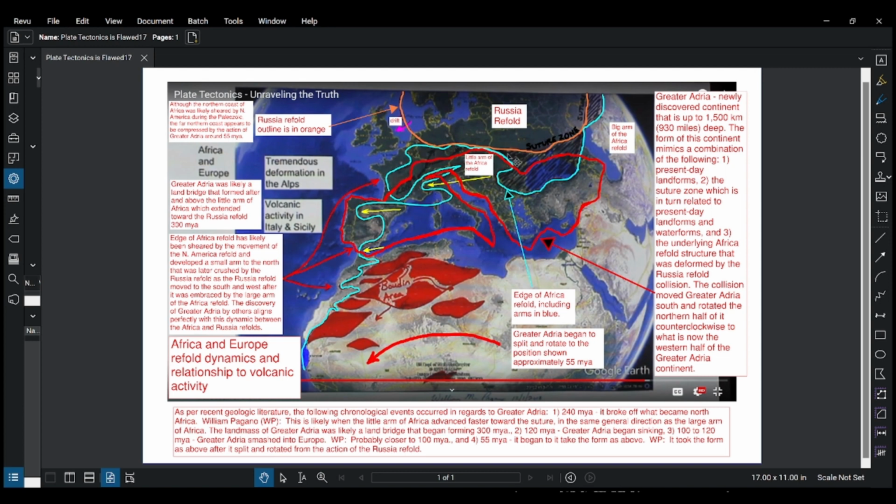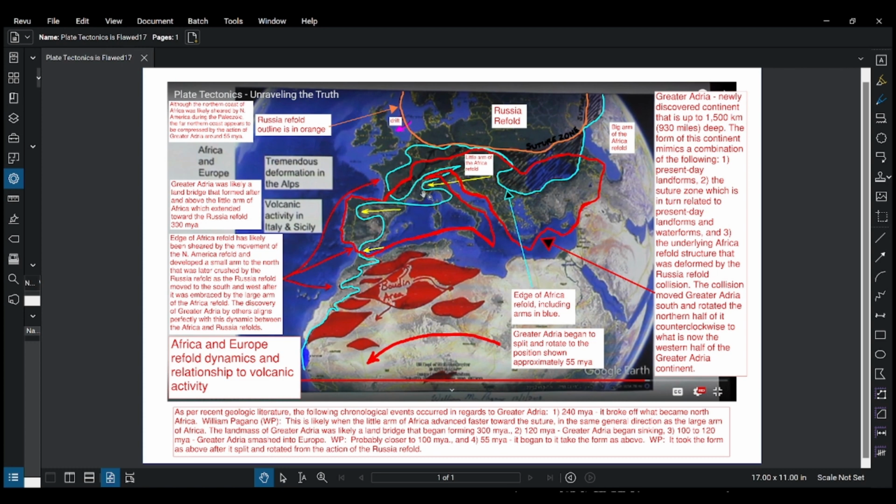So what happened was when the Russia refold got to its final position, it's in the orange here, so the bottom of it is the orange outline here. It pushed the Greater Adria refold out of the way and it split. See how there's a splitting here? There's a top hat section here, where my cursor is on the left, that was up and over here. It fits in nicely. See that? See the cursor there and here.